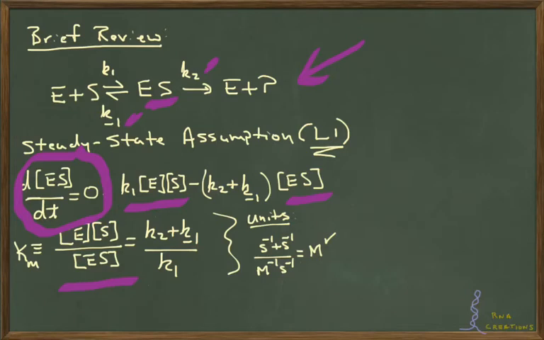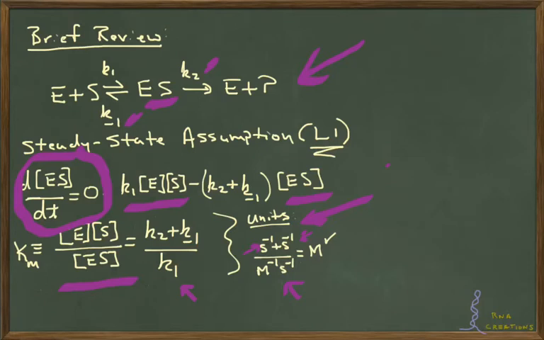Okay, so all that's review. I don't want to spend too much time on it, but always do the units check, often explicitly, and it's just shown here. I thought that would be good review too, because last time we did units, we saw first order rate constants have units of reciprocal time, and second order rate constants like k1 have units of inverse molar, inverse time, and you can see that when you do the units check it comes out in molar, which is what we know Km is.